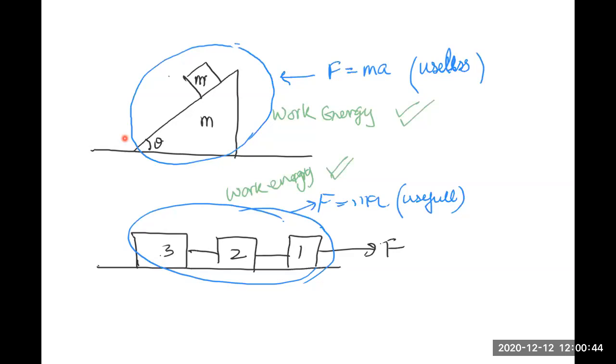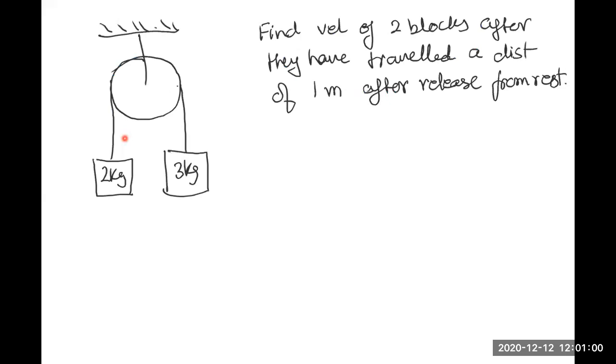So Newton's laws of motion F is equal to ma is applied on any instantaneous configuration of the system, whereas for the application of work energy theorem, you need to know the whole journey of the system. The work energy theorem is applied between 2 points on the journey of the system.